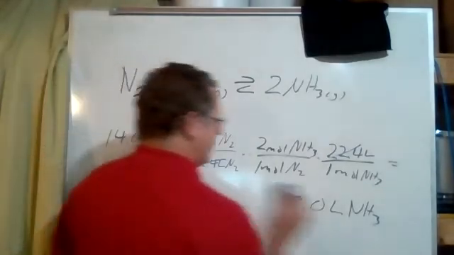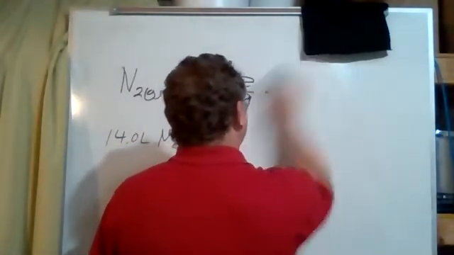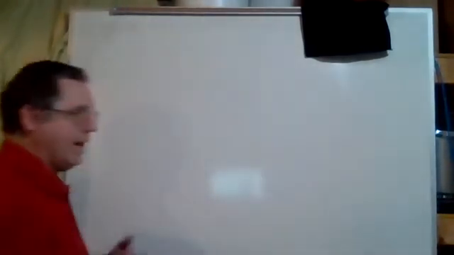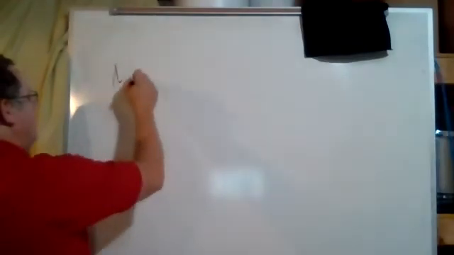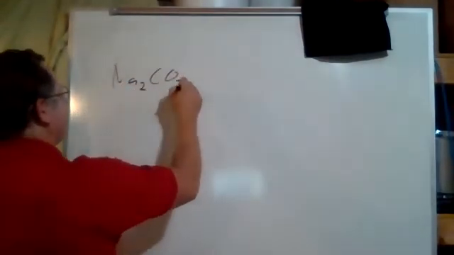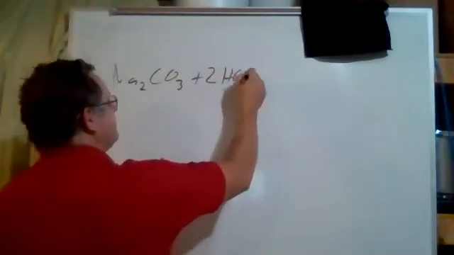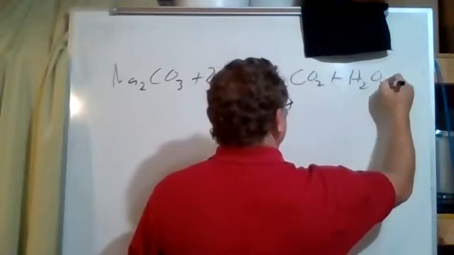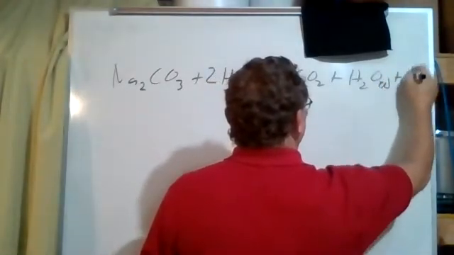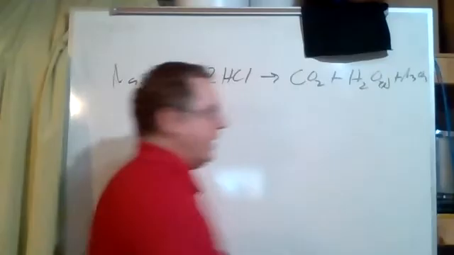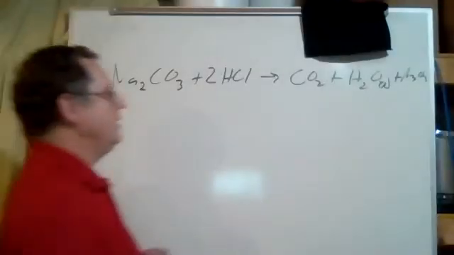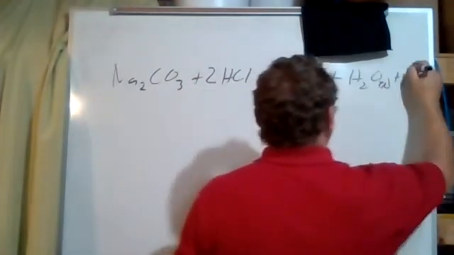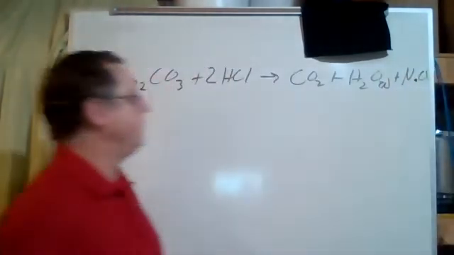The other thing we can take a look at is the ideal gas equation. So let's say I have a very simple reaction. I'm going to take some sodium carbonate and react it. It's NaCl, okay?